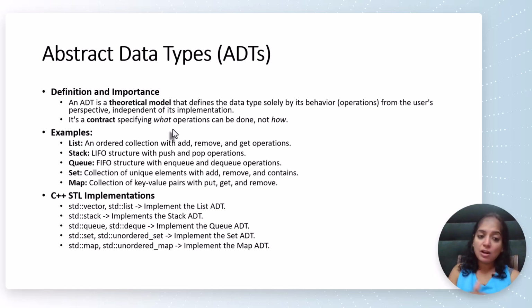You can have duplicate elements in an array, in a list, in stacks and queues, but you cannot have duplicate elements in a set. That is the property of a set. And map and unordered_map are used to implement a map ADT. In a map you store the values in the form of key-value pairs.